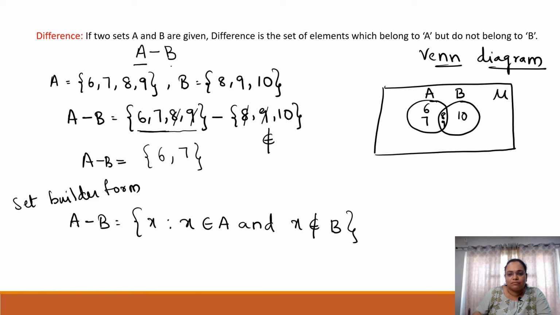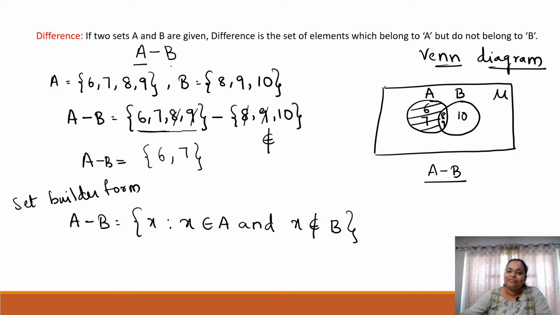This is 10. But we will only take the elements of A. We will not even consider the common elements and the elements of B as well. Yes, this is A minus B.